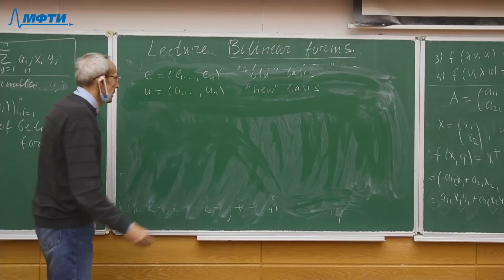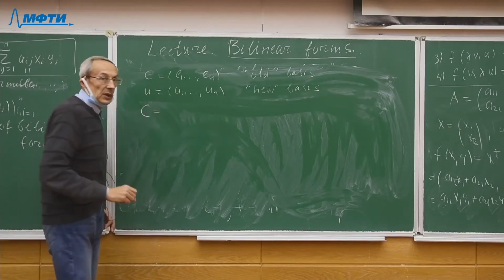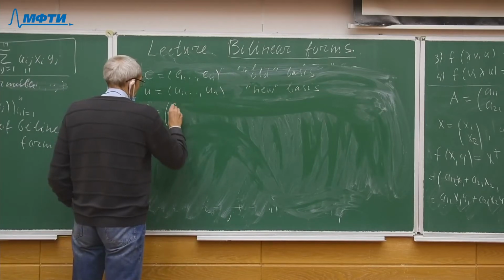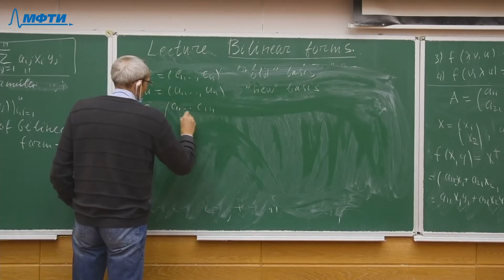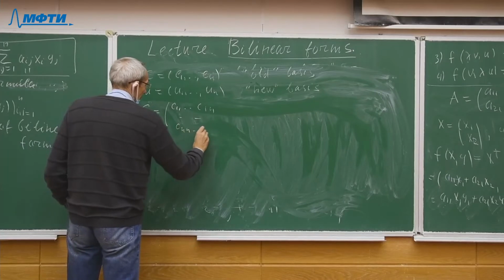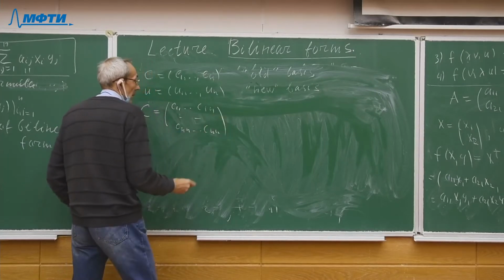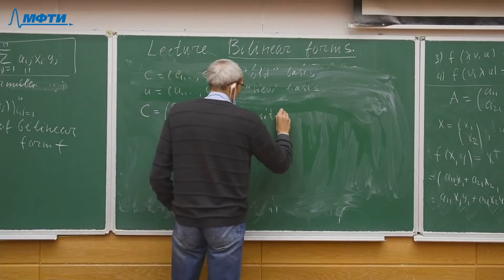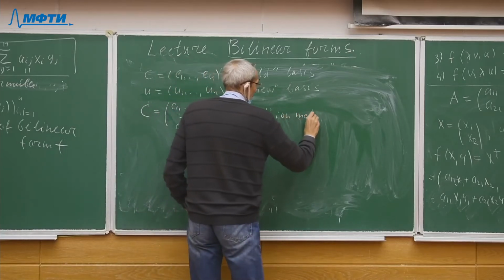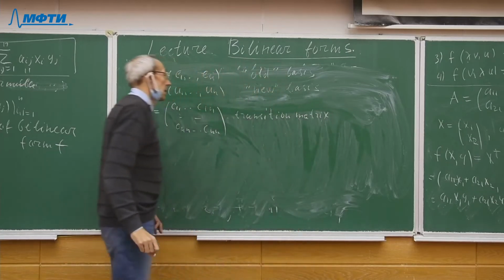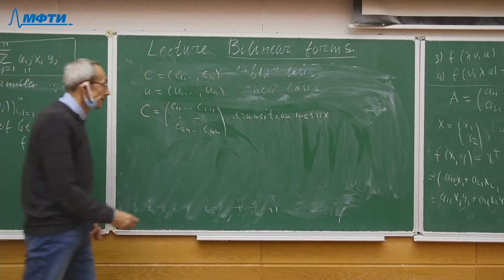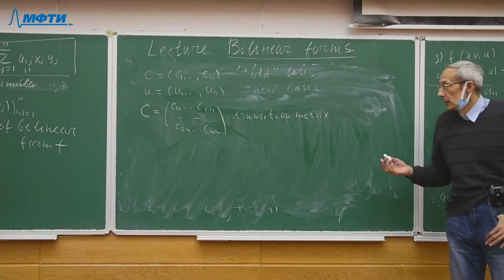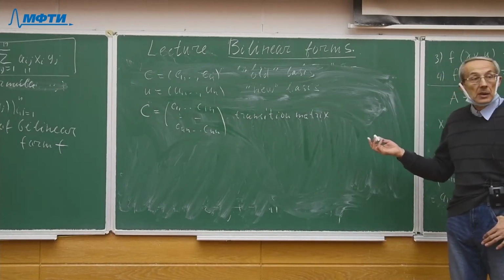And let C be the transition matrix. The notion of transition matrix means the following.